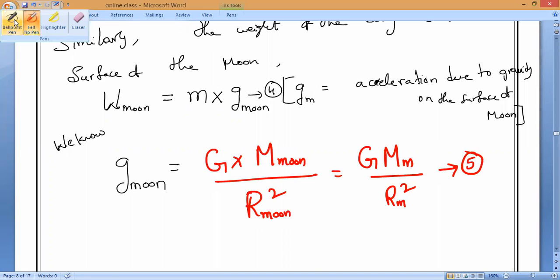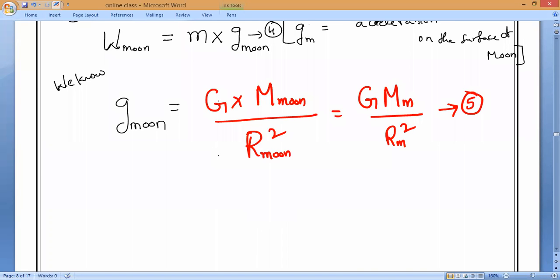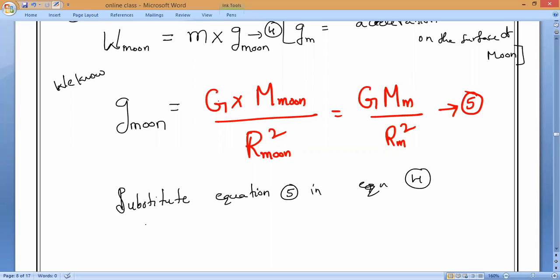Now, substitute equation 5 in equation 4. Can you tell me what equation will come? It's just substitution only. You have to take notes properly.